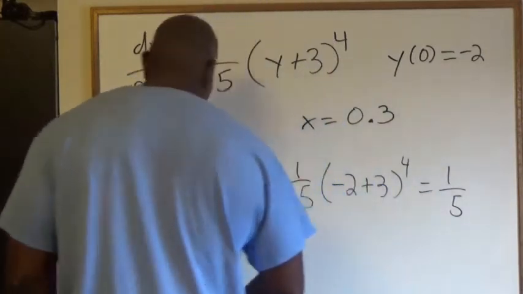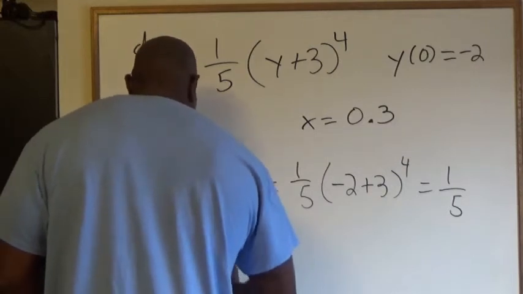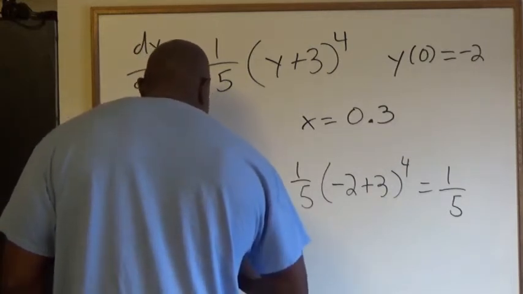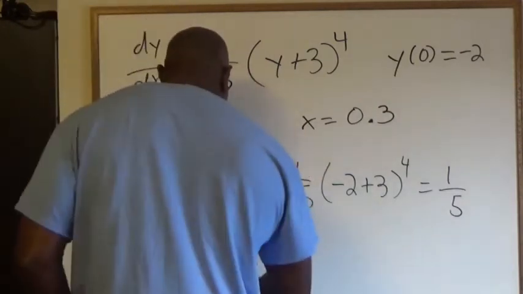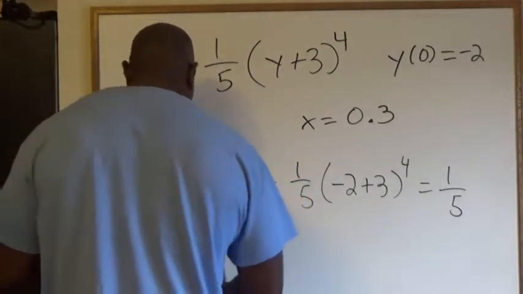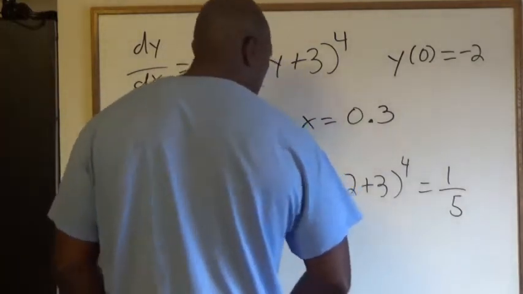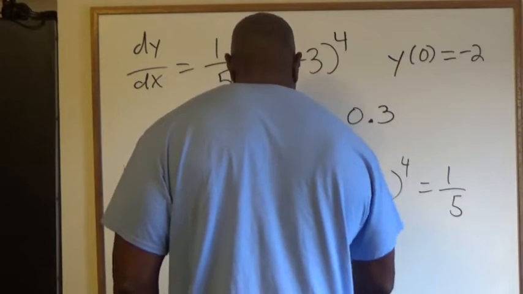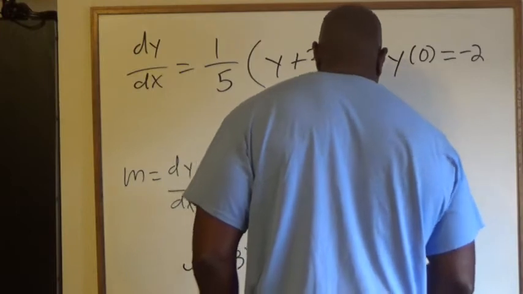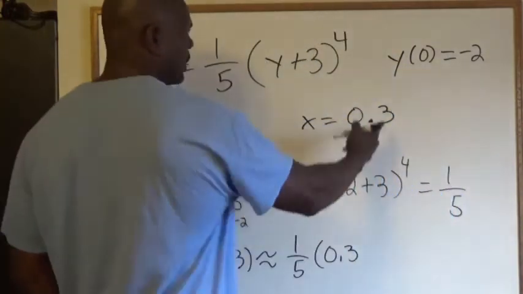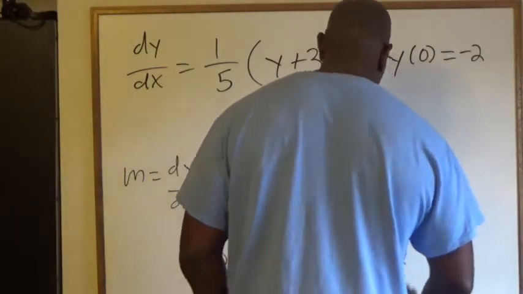So f of 0.3 is approximately 1/5 times 0.3, and since x naught is 0, I can just leave it as times 0.3 minus 2.